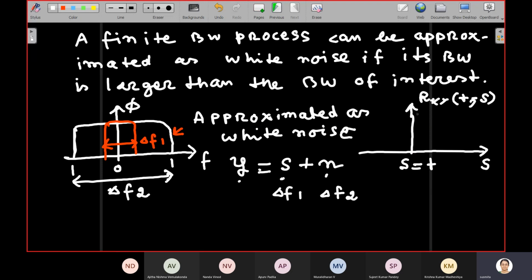Now if you plot the autocorrelation function of this finite bandwidth noise, you'll find that it has a profile similar to this. It may not decay the way I have shown, but it will decay over time as S goes away from T. Okay, and you will find that it has appreciable or significant non-zero value over this interval 1 by delta.